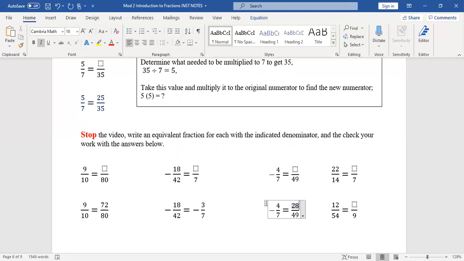So for the negative 28, if the original one was negative, the equivalent one has to be negative. Now I have to think about what I divide 14 by to get 7. Well, 14 divided by 2 is going to give me 7.